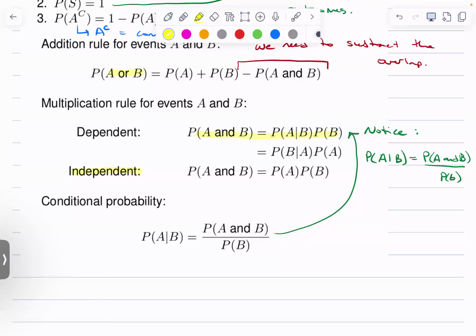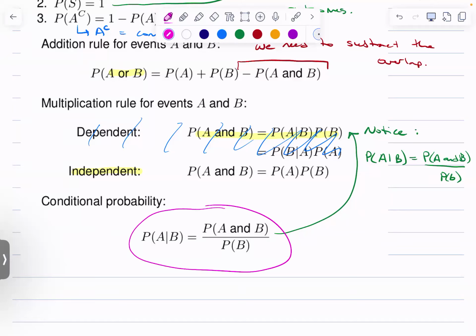You end up here. The probability of A given B times the probability of B is the probability of A and B. And so in my mind, you don't really need this part because we'll use this equation always.